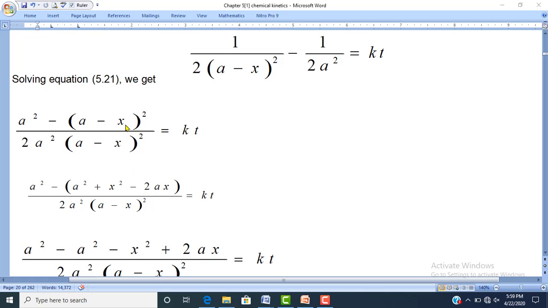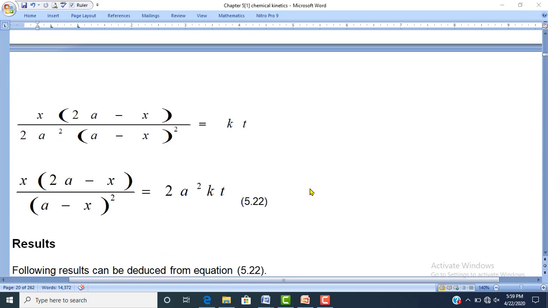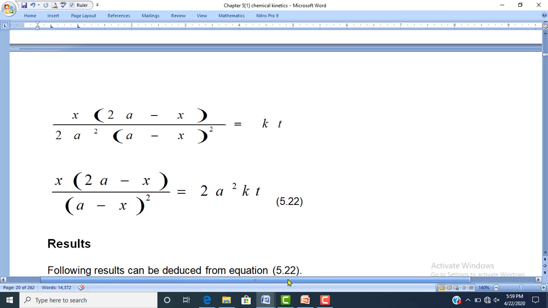So here x is taken instead of b. So the (a minus x) square formula will be taken as a square plus x square minus 2ax. By further simplifying the equation, we finally find the value 5.22, that is x into (2a minus x) over (a minus x) square is equal to 2a square kt.